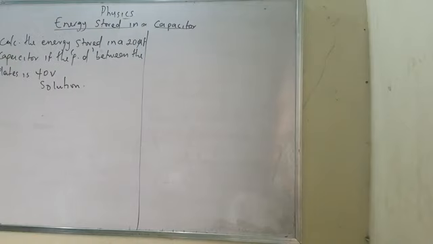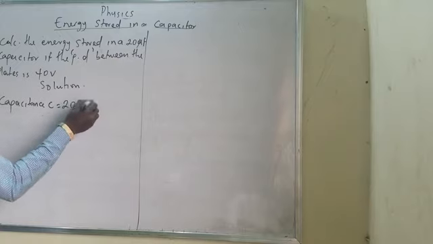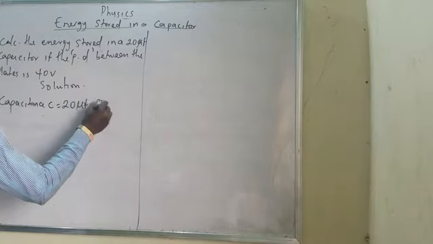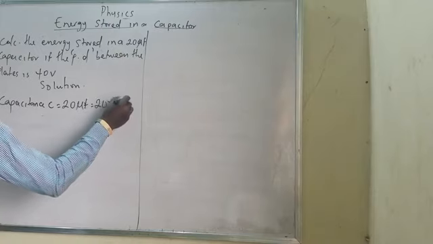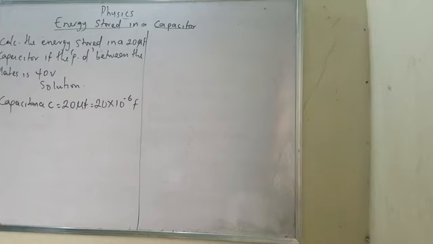The first thing I will notice is my capacitance, which is my C, equal to 220 mF, which also is equal to 220 multiplied by 10 raised to power minus 6 farad. Now, mF to farad, that is not a problem. Potential difference is the same thing as volts, which is 40 volts.